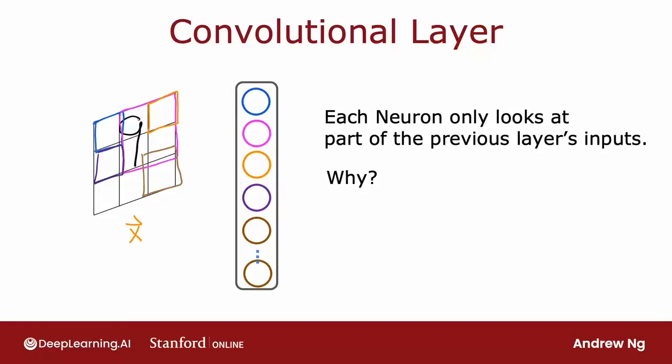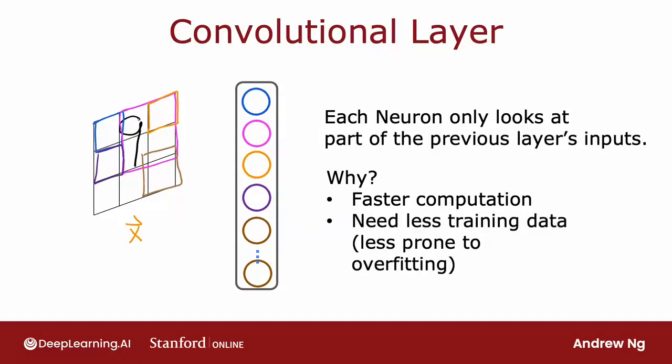Well, some of the benefits are, first, it speeds up computation. And the second advantage is that a neural network that uses this type of layer, called a convolutional layer, can need less training data. Or alternatively, it can also be less prone to overfitting. You've heard me talk a bit about overfitting in the previous course, but this is something that we'll dive into in greater detail next week as well, when we talk about practical tips for using learning algorithms.